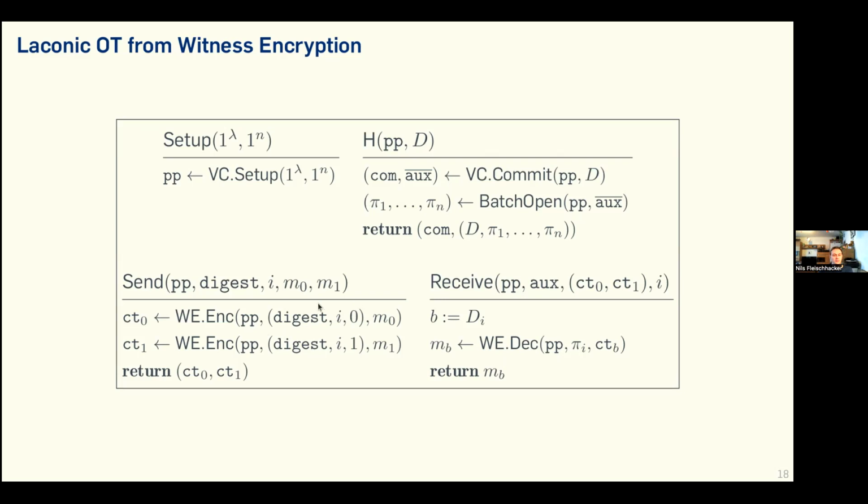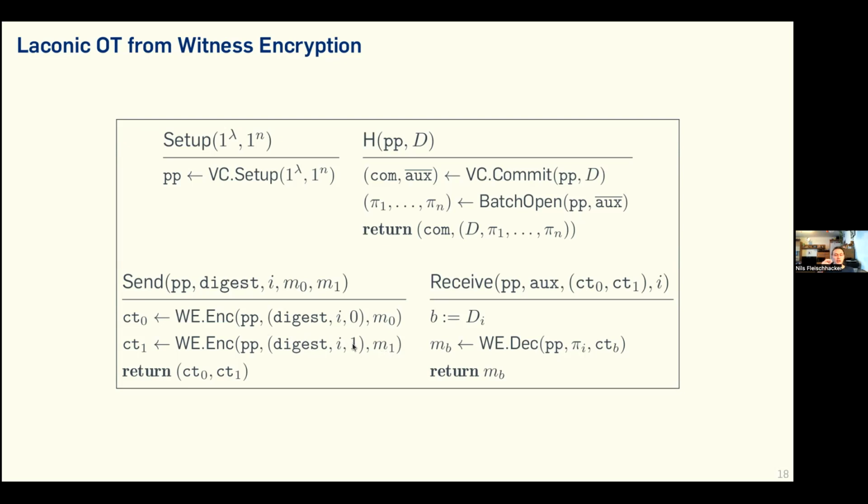And when Alice wants to send a message, she encrypts M0 and M1 under two statements. The first statement is that this commitment, that is the digest, can be opened at position I to 0, and for M1, that the commitment, that is the digest, can be opened at position I to the value 1.